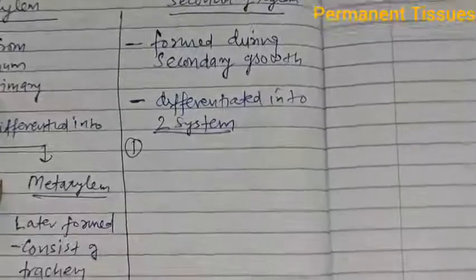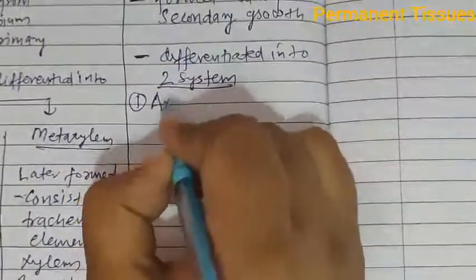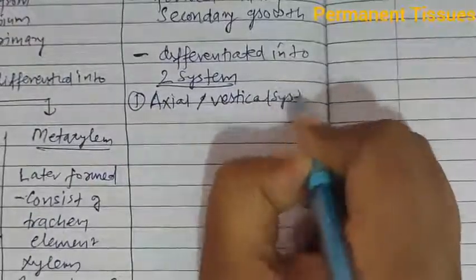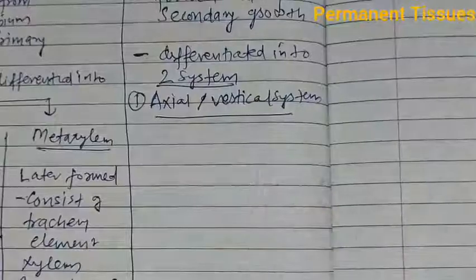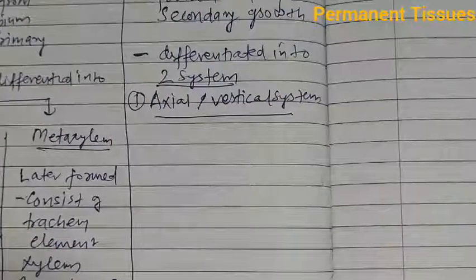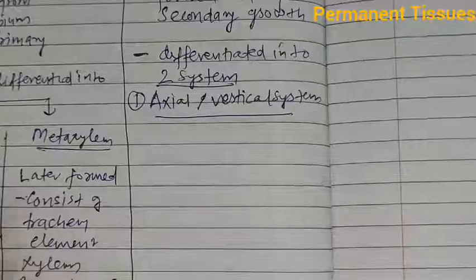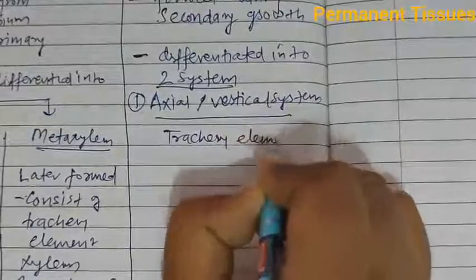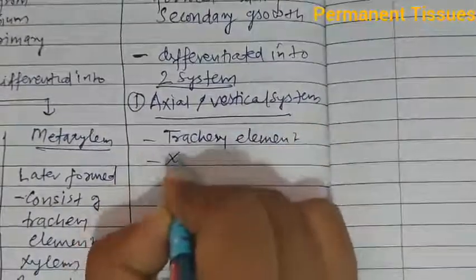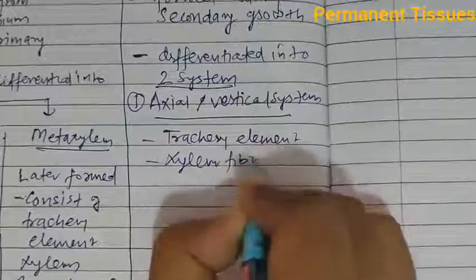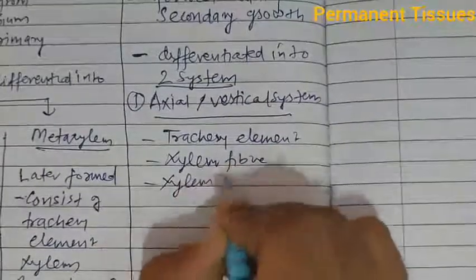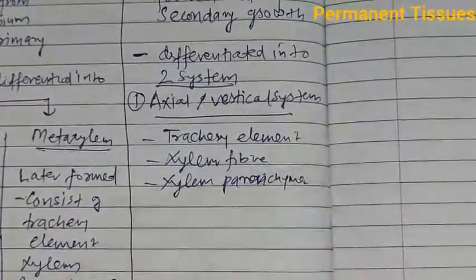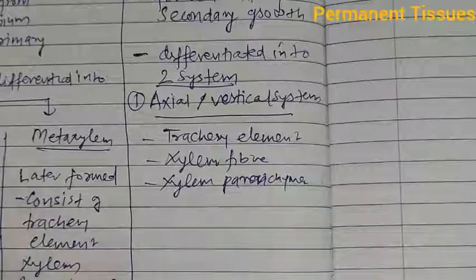The first one is axial or vertical system. This axial or vertical system consists of tracheary elements, xylem fiber, and xylem parenchyma or wood parenchyma.